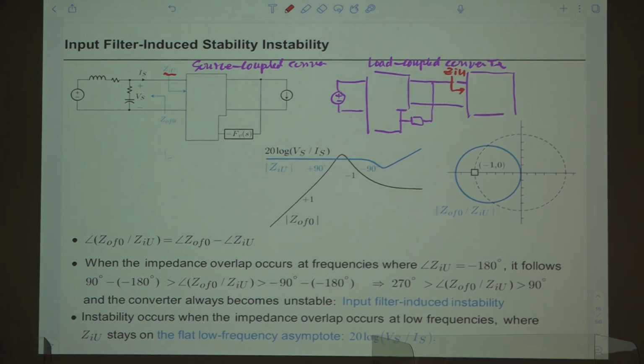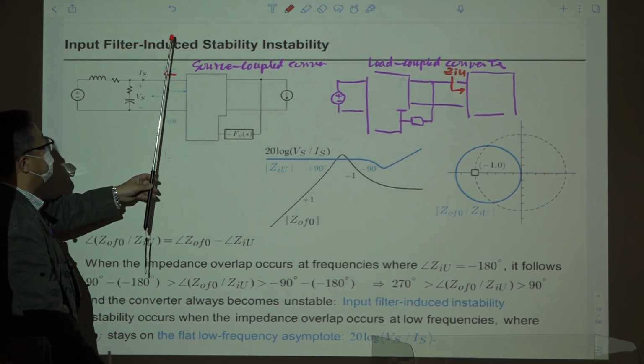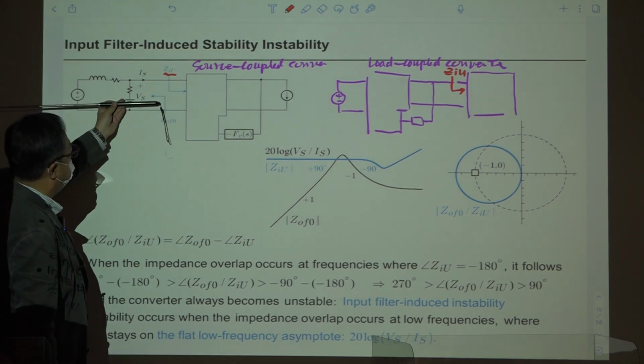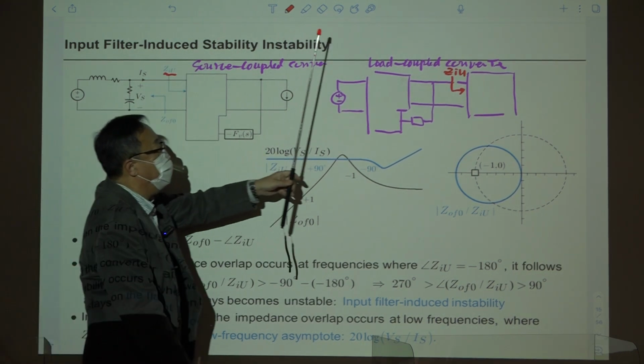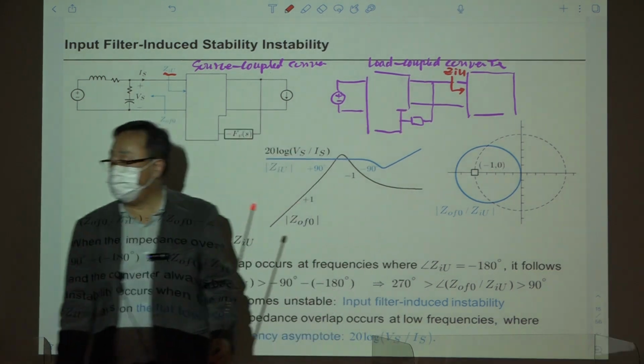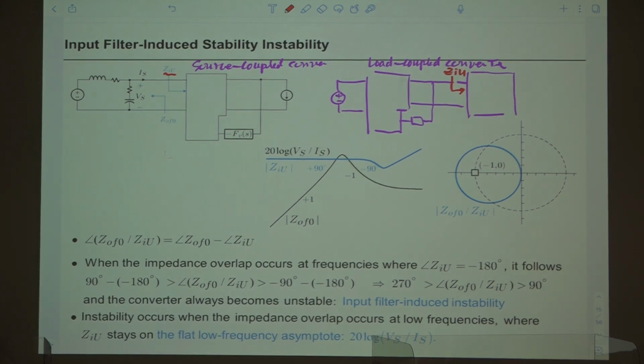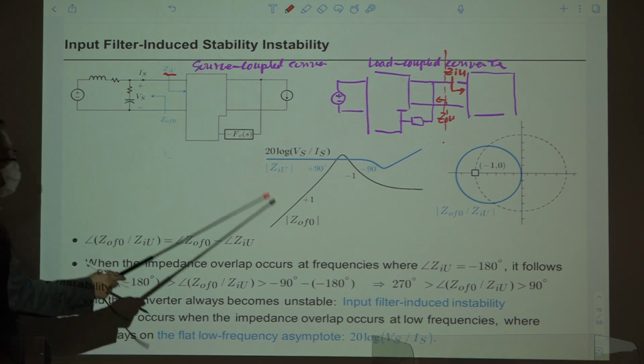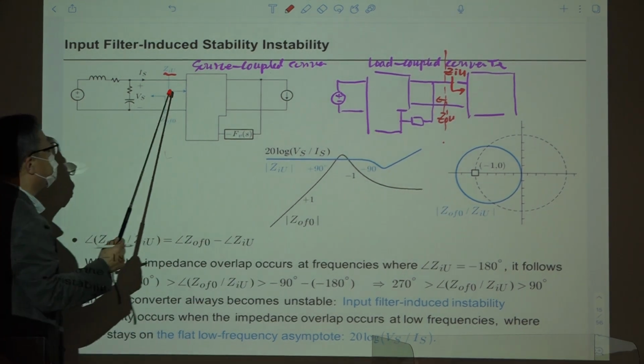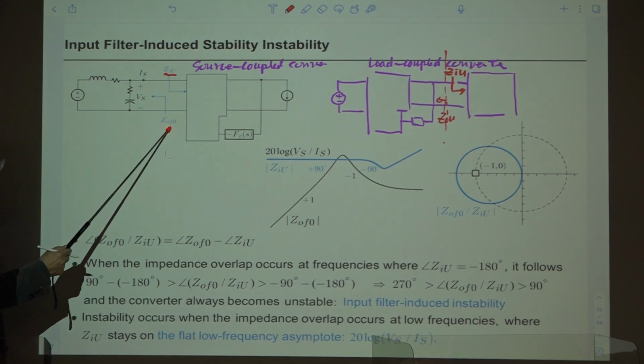So you have two impedances here. One is GIU, and this one is GOF0. Here we have GIU, and the other impedance was GOU, the output impedance of the uncoupled upstream converter. So at that time, we investigated the problem of this, right? The shape of this GOU is very similar to the shape of this GOF0.